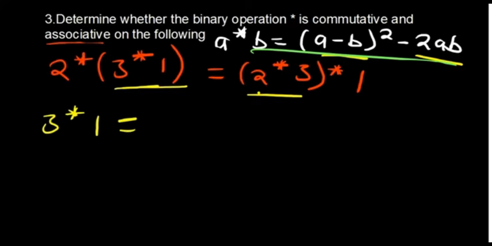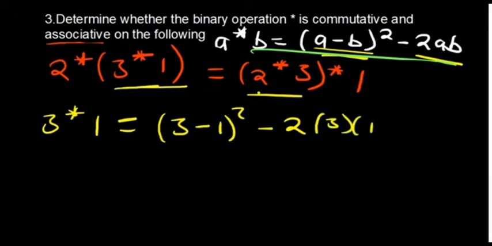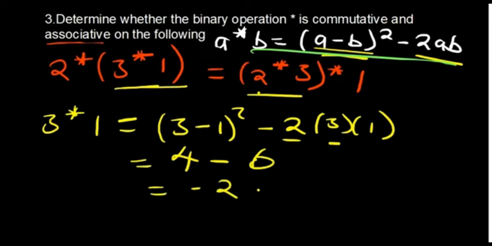If I go to the brackets here, I'm going to have 3 minus 1 squared, then where we have AB, it's going to be 3 times 1. So we have 3 minus 1 in the brackets, that is 2. 2 squared is 4. 2 times 3 is 6, times 1 is 6. So what we are getting here is negative 2. So what is in the brackets is the same as negative 2.